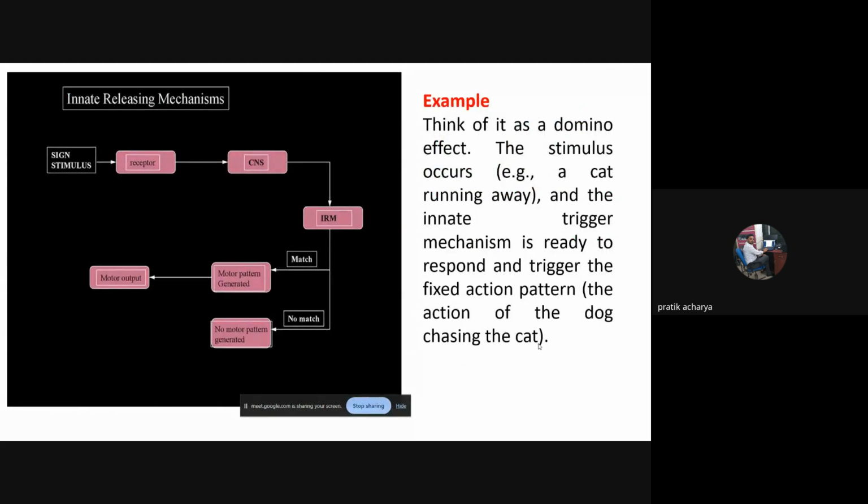This is the pictorial presentation of innate releasing mechanism. Innate releasing mechanism means the central nervous system, after interpretation, starts influencing certain parts of the body for release of certain factors. If we are discussing the fear condition, what is the innate releasing factor here? If we are in fear, then fear is due to environmental stimuli.